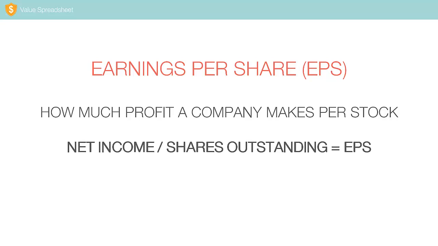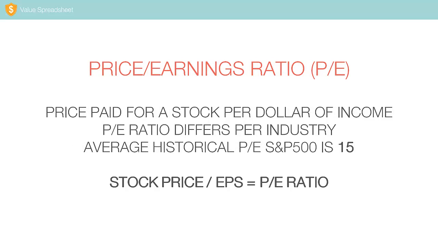This earnings per share figure can then be used to calculate another common ratio, called the price-earnings ratio, or PE ratio. It is a valuation ratio, or a multiple, since it shows you how much investors are willing to pay for a stock per dollar of income. In general, a high PE ratio indicates that investors expect high future growth rates.